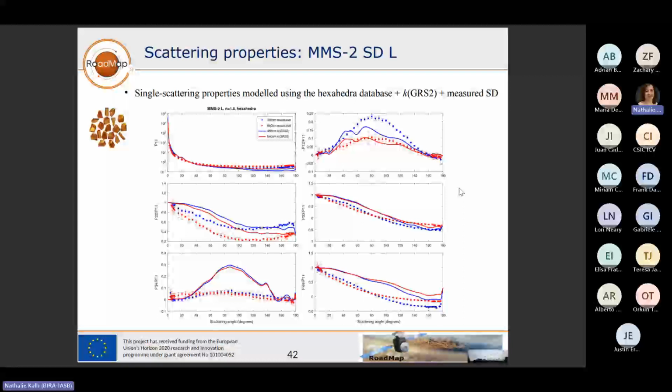And remember, we are now using the hexahedra database together with our refractive indices that were derived before. So there are no free parameters. We have the refractive index, we are using the database, we have the measured size distribution. So we just put the values in and we get the modeled scattering properties.